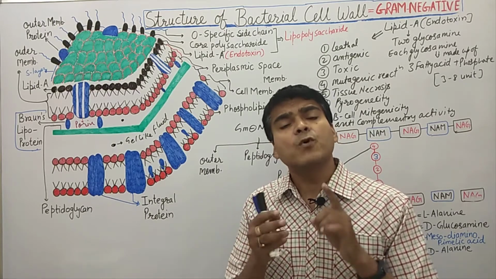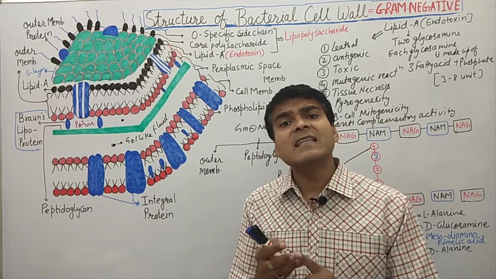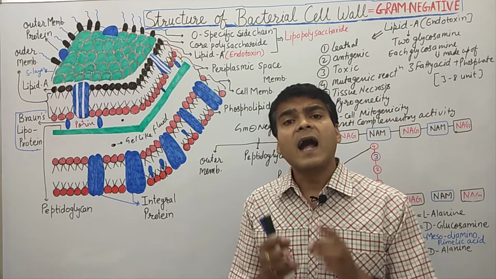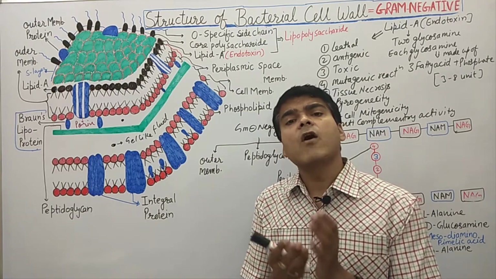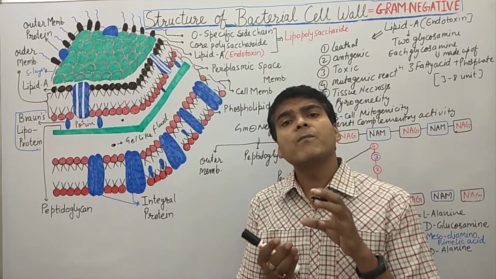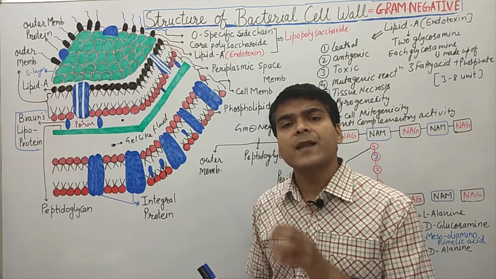That's why in many books the authors write that periplasmic space is absent in gram positive bacteria, and we can find a high amount of periplasmic space in gram negative bacteria.